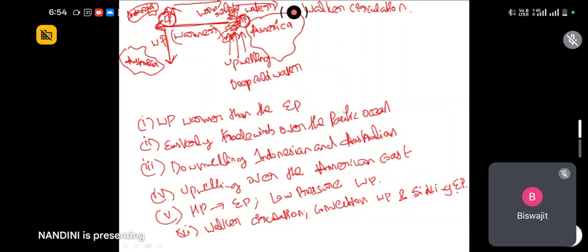So I said that the Western Pacific is actually having a high pressure, and the Eastern Pacific is actually having a low pressure system. Now, there is something called the Southern Oscillation Index. No, no. We have low pressure over the Western Pacific only.